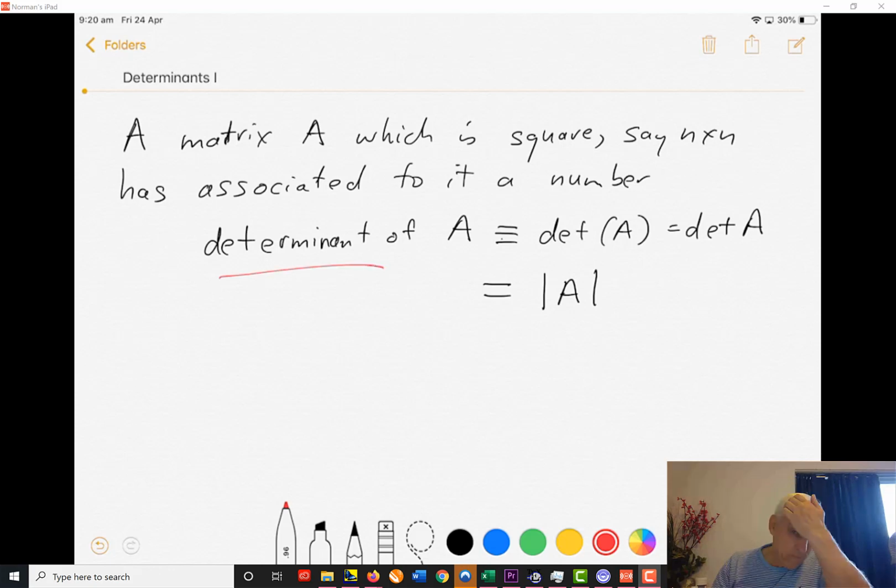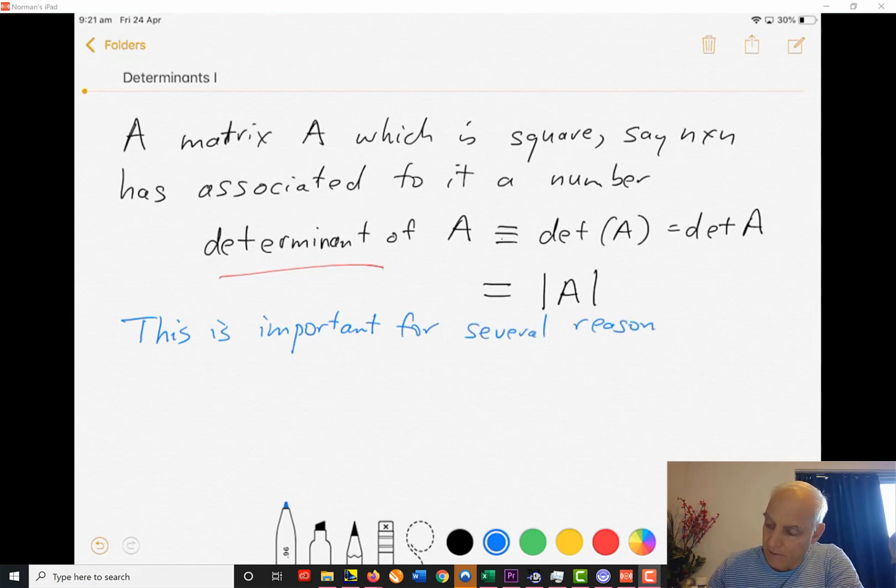Now, what's important about this number? Well, it has a number of interpretations. Before I tell you what it actually is, which is a little bit tricky, let me tell you why we're interested in this number. This number is important for several reasons.